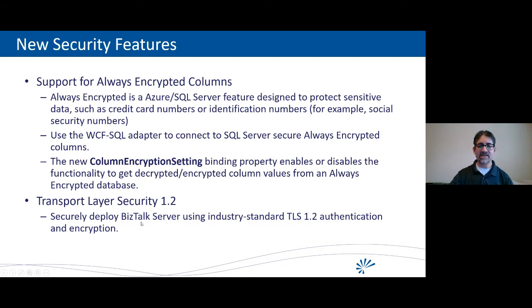This is something that was actually added in a cumulative update in the previous version, but now it is baked into BizTalk 2020 as the default to use TLS 1.2 for authentication, encryption, and decryption. So again, tighter security, a thing that's on everybody's mind with any IT system today, and so these are some greater security features added to BizTalk 2020.